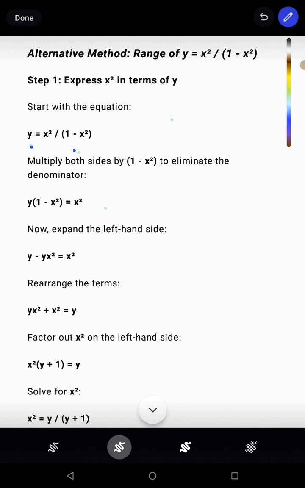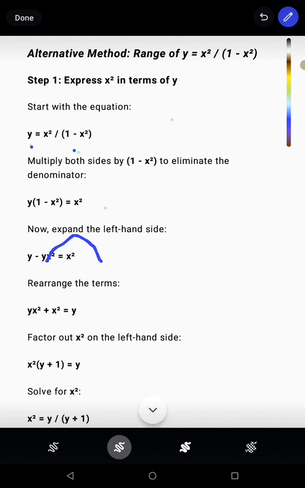The next thing, just bring all the X together, because you want to make X subject of formula. So from there you have Y X squared, we brought this one here. You get what I'm saying now? Either you bring the Y first, or anyhow you want to do it. 1 plus Y is the same as Y plus 1.